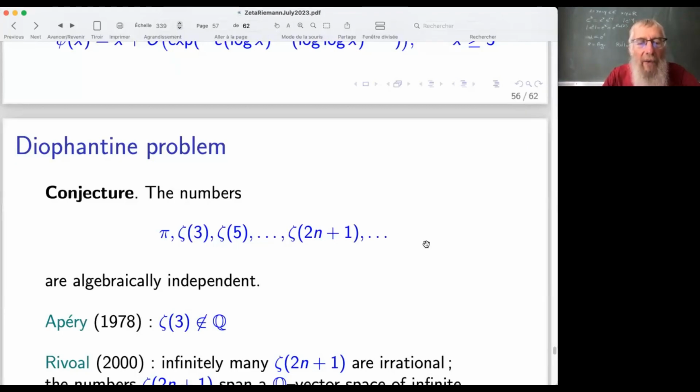The result is the following. We want to prove that these numbers are algebraically independent. So we have zeta of s, zeta of s1, zeta of s2, and we are interested in polynomials in zeta of s1, zeta of s2. So we are interested in taking products, zeta of s1 times zeta of s2.